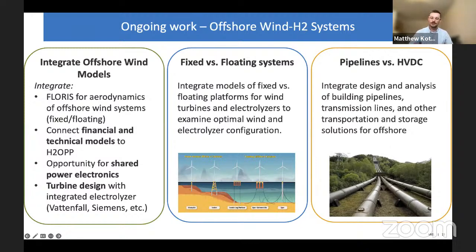Within this project, we're incorporating different models within NREL that add that offshore wind component. We're also looking at fixed versus floating systems, and at the most economic way of moving energy, whether through pipelines or through cabling.